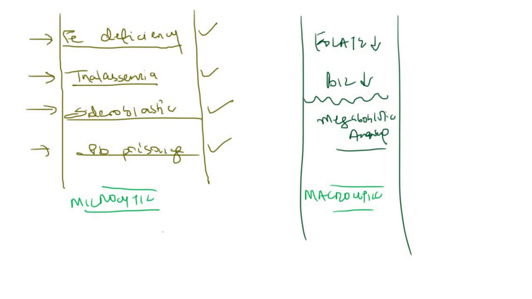Let's dive into something called normocytic anemias, where we will be discussing non-hemolytic and hemolytic anemias. So let's dive deep into that. As I already told you, in normocytic anemias the MCV is between 80 to 100. That is, the cells are absolutely normal.